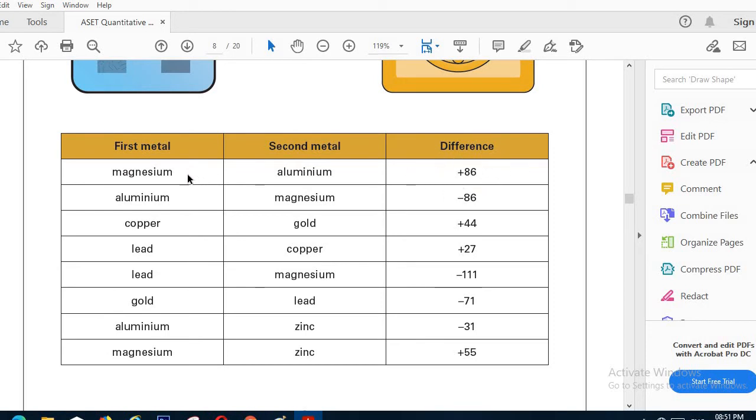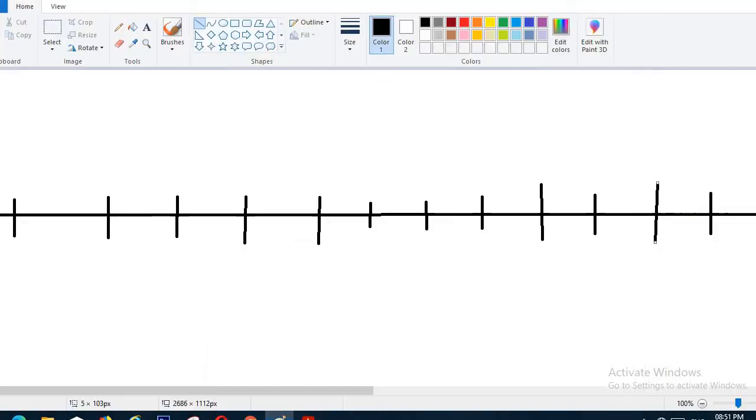That means the reactivity of magnesium is more than the reactivity of aluminium. So let's take aluminium as a metal. The reactivity of aluminium should be less than magnesium. So let's suppose the reactivity of aluminium is 0.